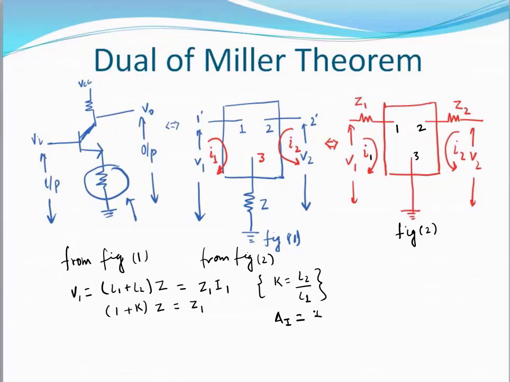I1 flows outside the port and I2 is flowing inside at terminal 2, so we can write K as minus of I2 by I1. If we replace this K by AI, then we can write Z1 is equal to (1 minus AI) into Z.